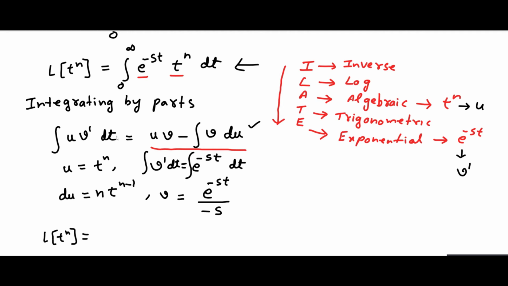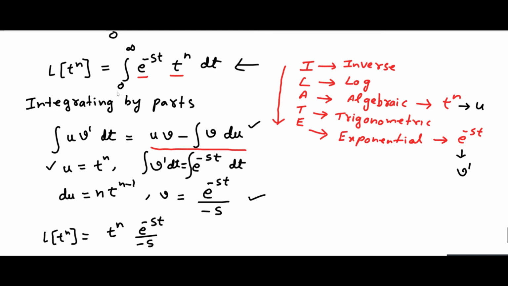If I use that over here, I will get u into v. The u value over here is t power of n, so it is t power of n into v. The v value is e power of minus st divided by minus s.